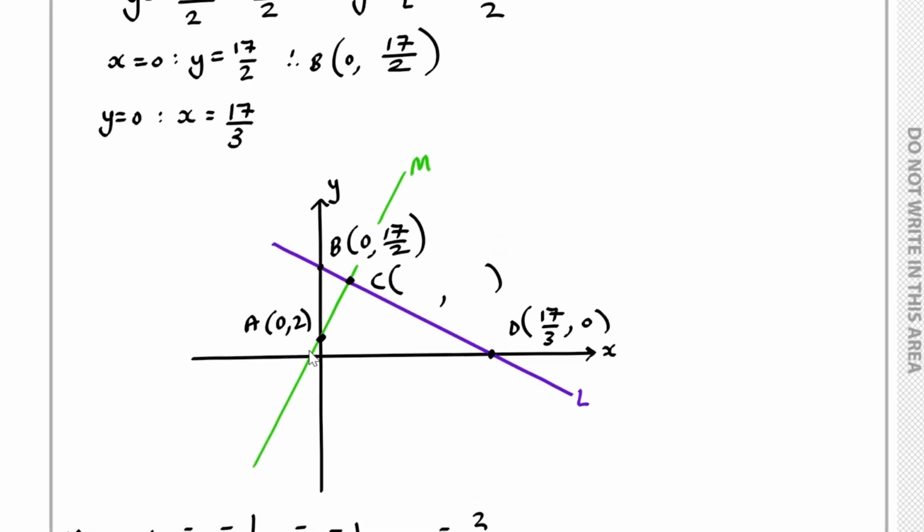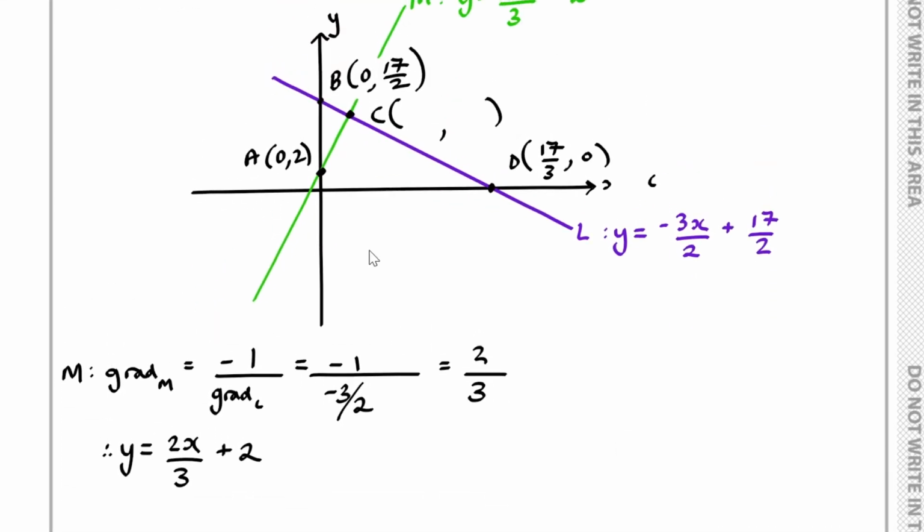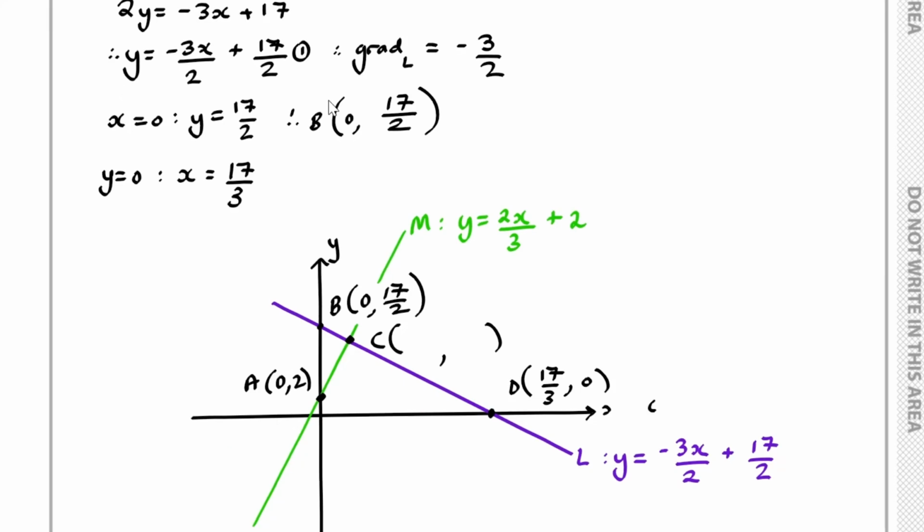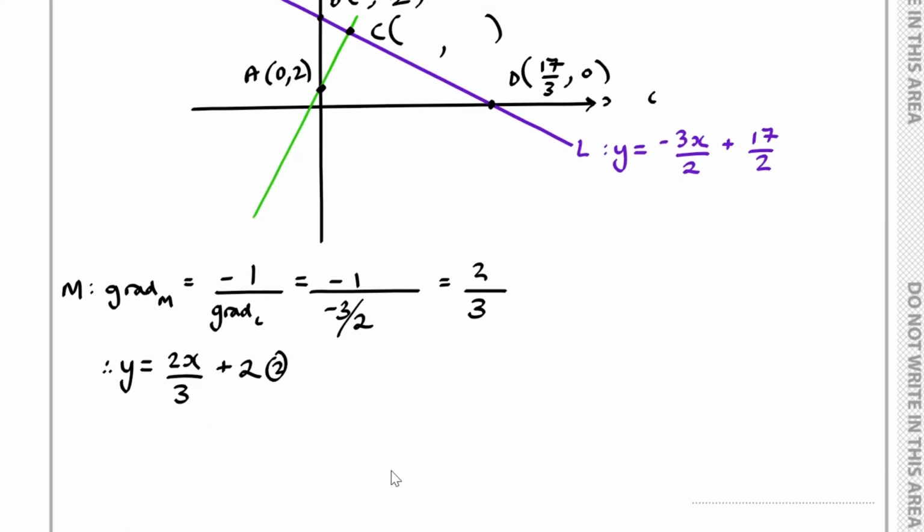Okay, so let's just write this down. We've got here y equals 2x over 3 plus 2. And here we've got y equals minus 3x over 2 plus 17 over 2. Okay, so we can find out the coordinates of C by essentially solving this equation, call it 1, with this equation, call it 2, simultaneously.